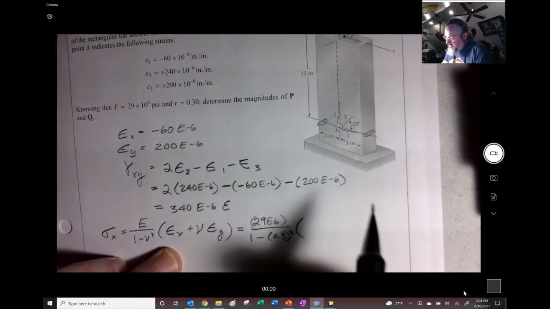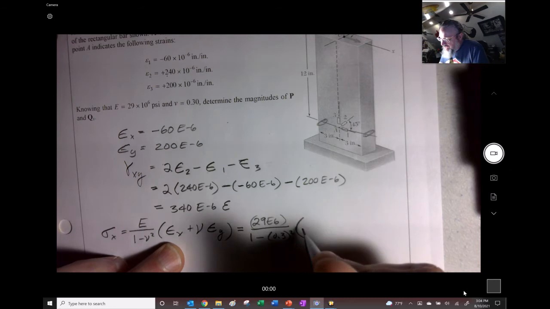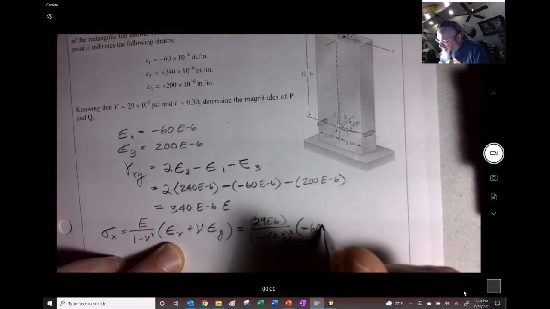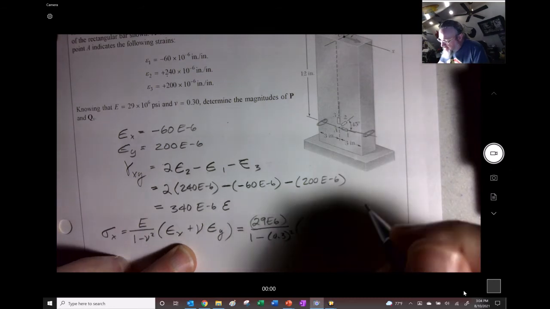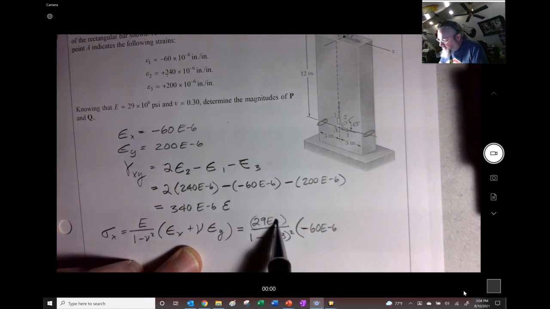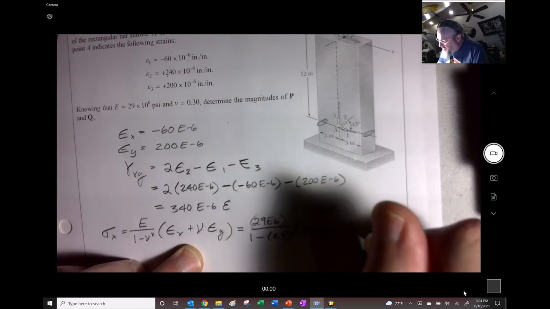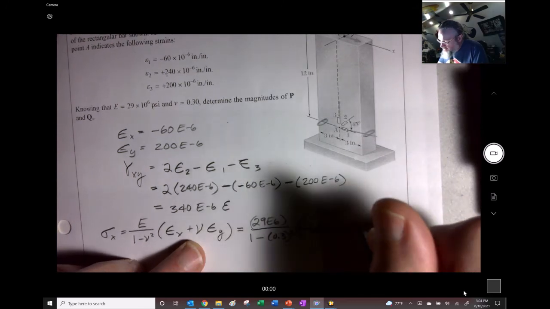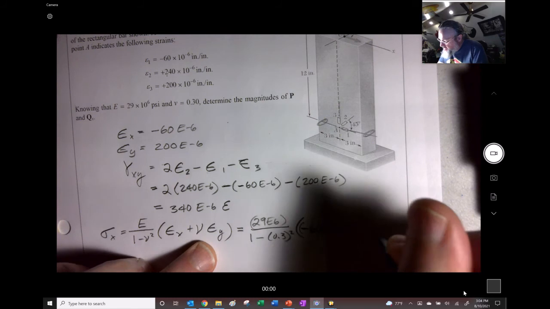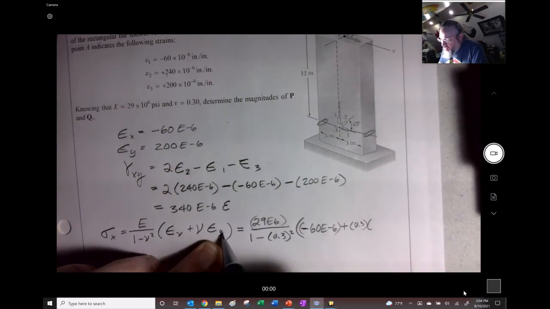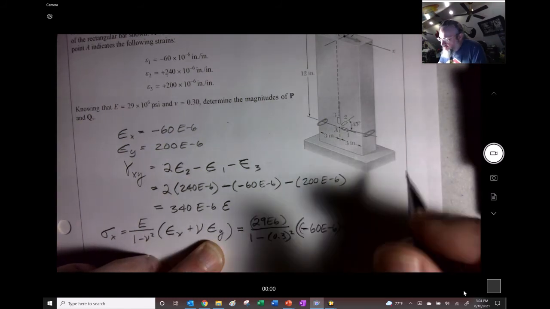And then here for x, we have minus 60 E minus 6. And by the way, we probably could have just said that the E6 and the E minus 6 cancel each other out. That would have been a little lazy though, right? Let me put a little parentheses around here. 0.3 times our epsilon y, which was 200.